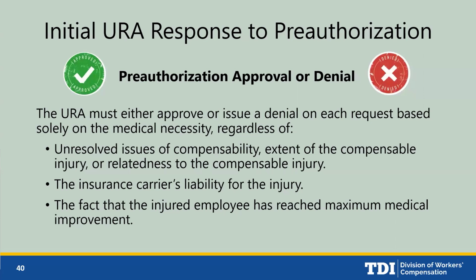So they have to make a decision, yes or no, it's medically necessary or not, because compensability and extent are totally different questions. The URA only is answering whether it's medically necessary or not. Or it's also regardless of the insurance carrier's liability. So the URA has to respond with an approval or denial.